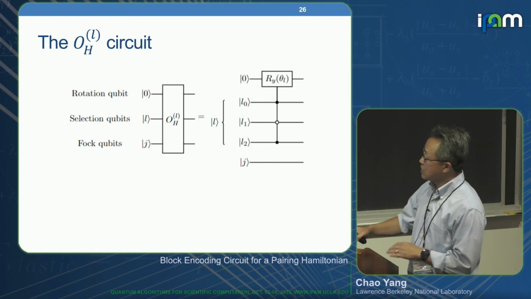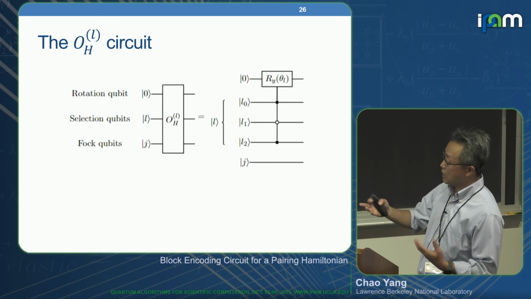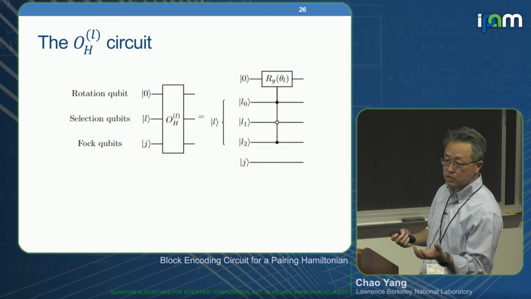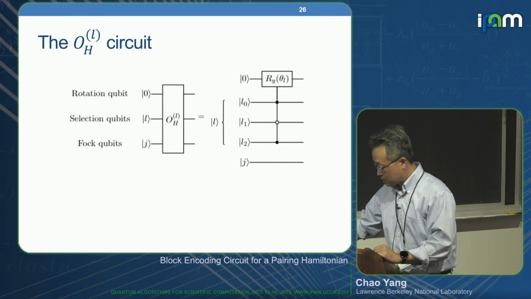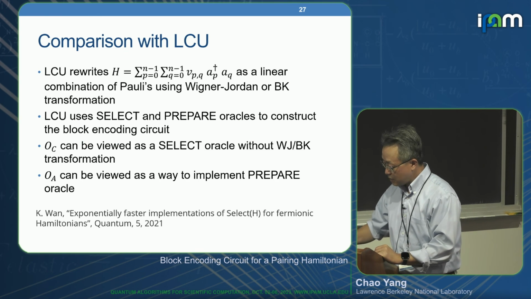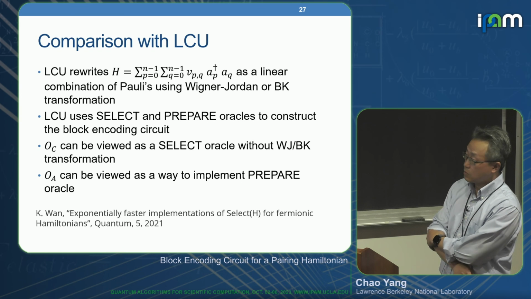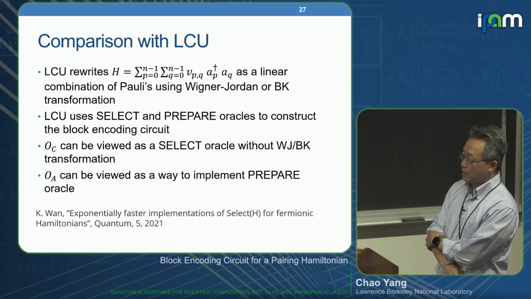And you only need to place the control on L. You don't need to put a control on J because that's already taken care of by OC. Okay, so that's how we write down the block encoding circuit for the pairing Hamiltonian.